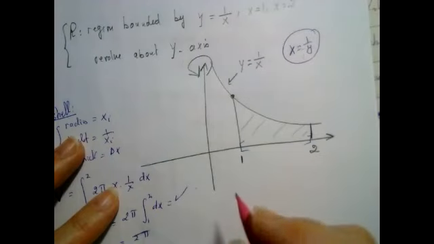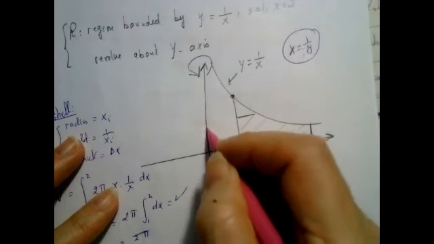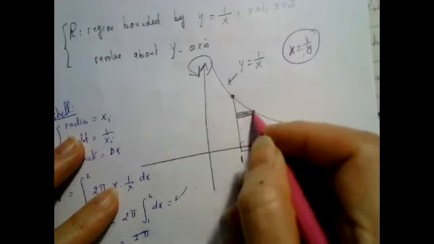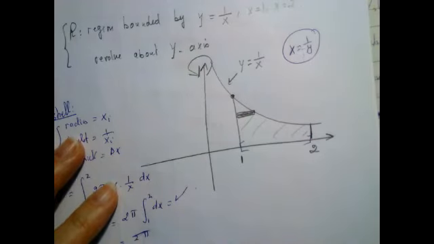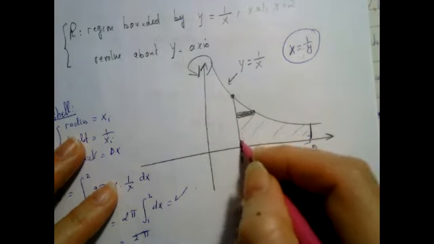If I use the washer, I need slices. These are the slices that I need, and watch carefully the problem with your slices. I can take a slice here or a slice here.